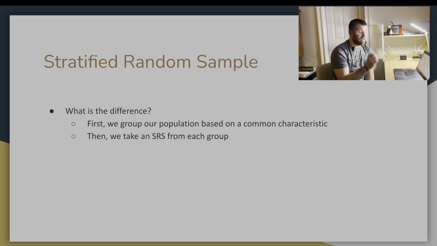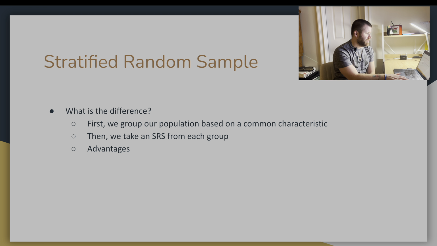Once we do that, we then take a simple random sample from within each group. And this ensures that I get a representative sample. So that scenario that I mentioned before about 90% Yankees fans, 10% Red Sox fans, well, now I'll make sure I have representation from both groups.